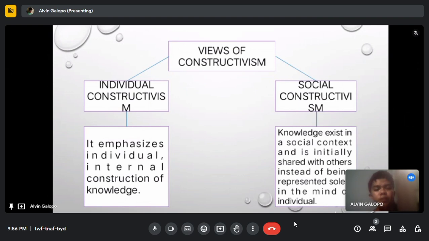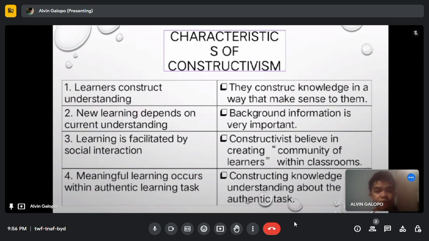Now let's move on to the characteristics of constructivism. There are four characteristics of constructivism. First, learners construct understanding. They construct knowledge in a way that makes sense to them. Learners cannot construct their understanding about particular information if that information does not make sense to them, but they can definitely build their own understanding if that information does make sense to them.